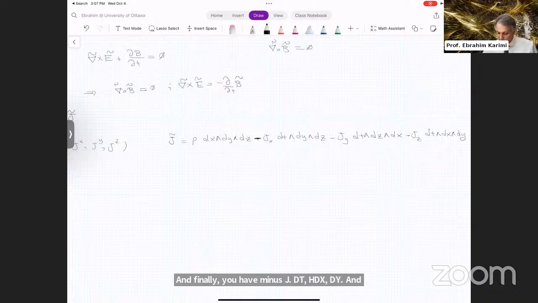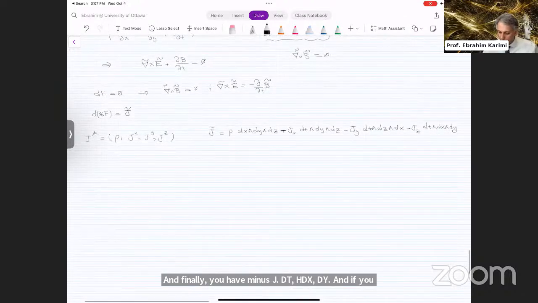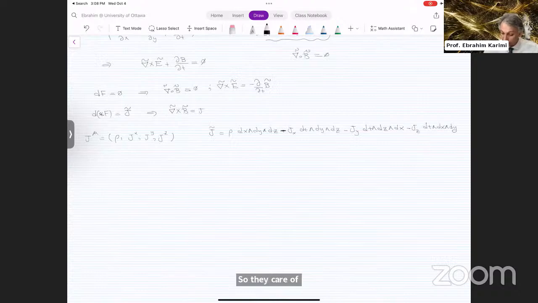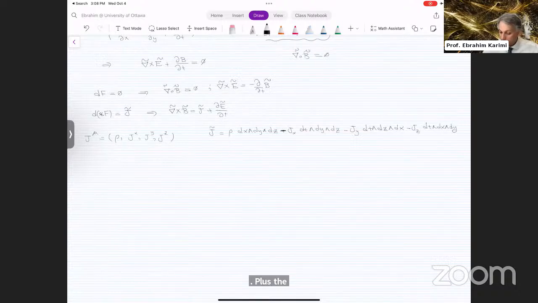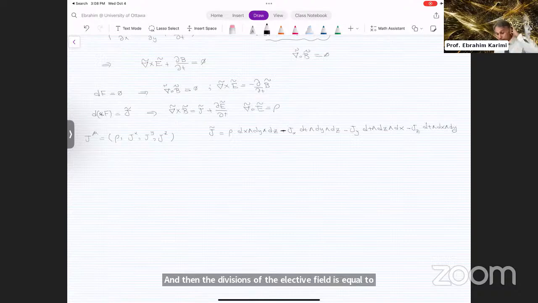And if you do the calculation from these, you will get the other two Maxwell equations. So the curl of the magnetic field is given by the magnetic induction will be J plus the derivative of the electric field with respect to time, and then the divergence of the electric field is equal to rho. So you will get the other two terms.